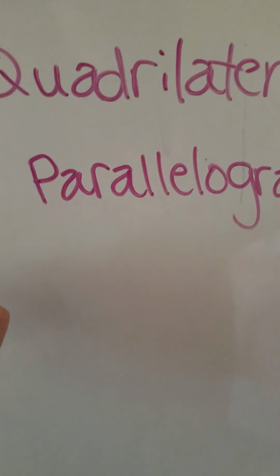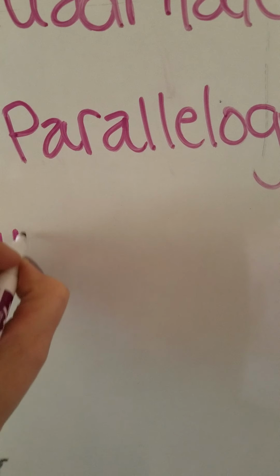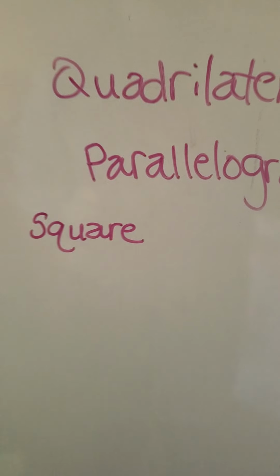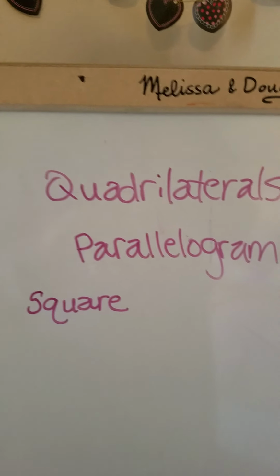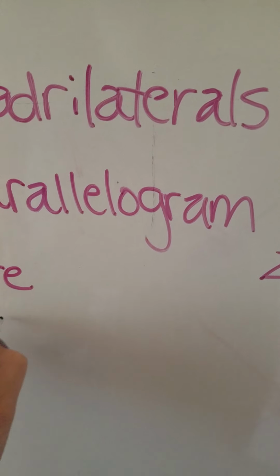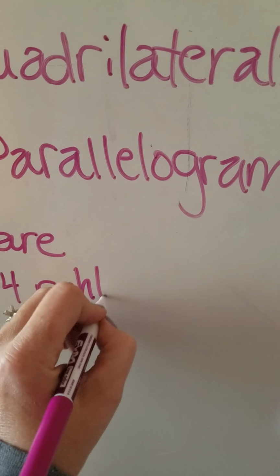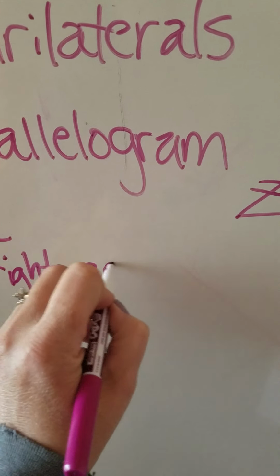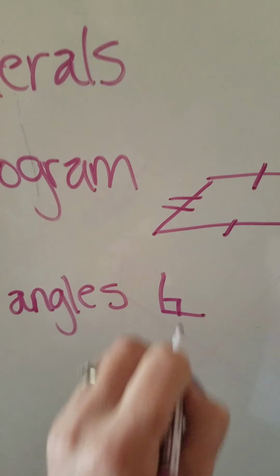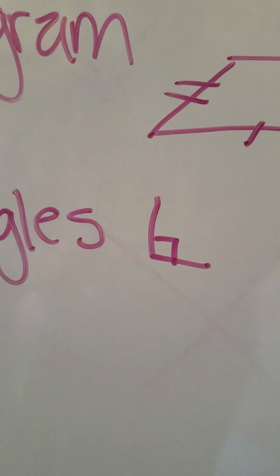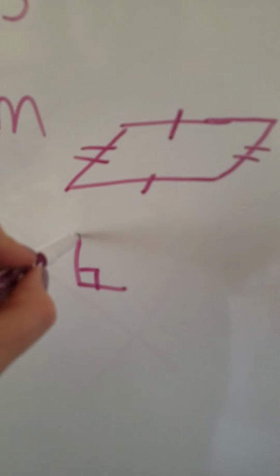Then we also have the square. Now, we know that to be a square, not only do you have to have 4 sides because it's a quadrilateral, but you also have to have 4 right angles. And right angles are those angles that we also call square angles, and sometimes you'll see it notated with that little square in the corner.